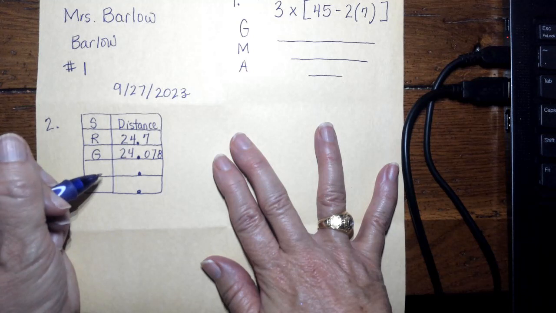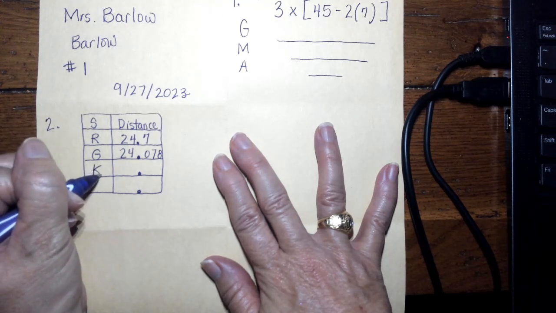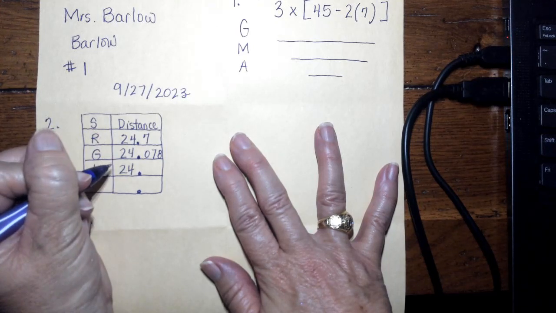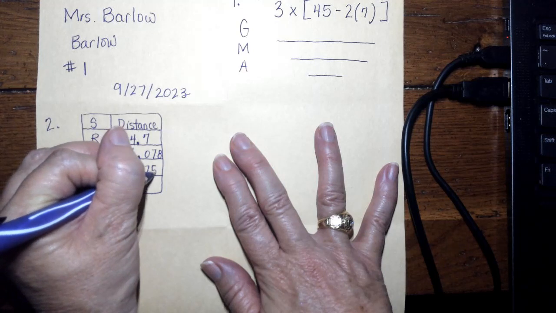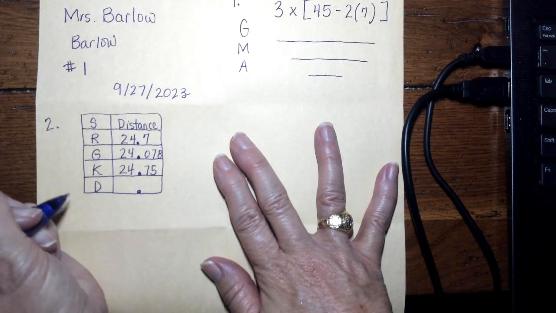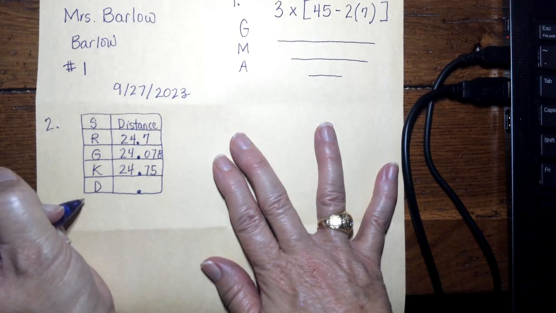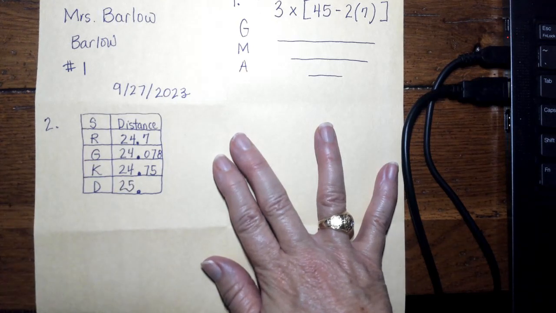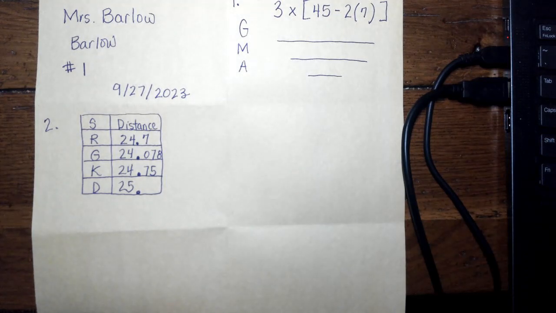Okay. Then we have, I believe it's Kaya. I could be mistaken. 24.75. And then we have this person, I believe it may be Daniel in our story, and 25. Okay? So when you get to number 2, you'll already have the information listed, and what you'll need to do is listen to the problem, read it carefully, and decide what to do with this information.